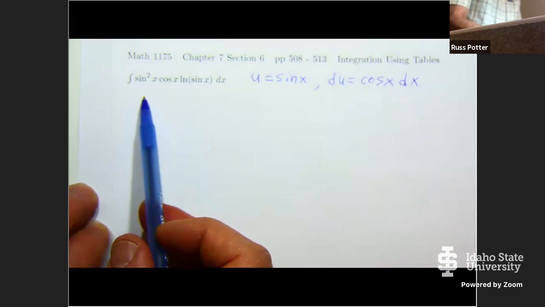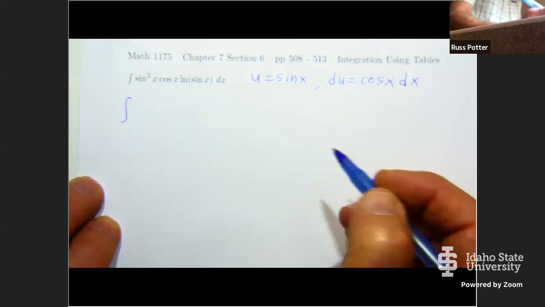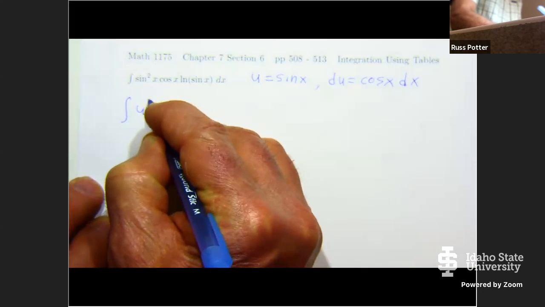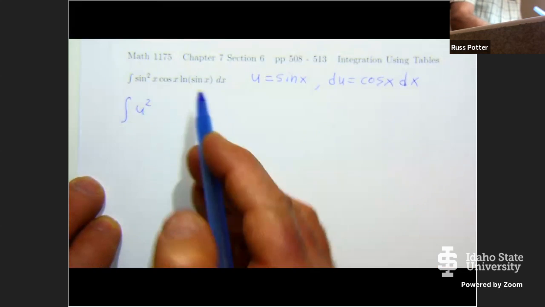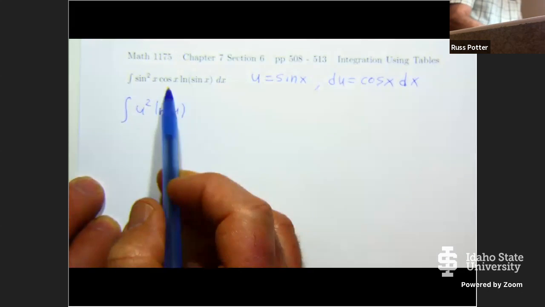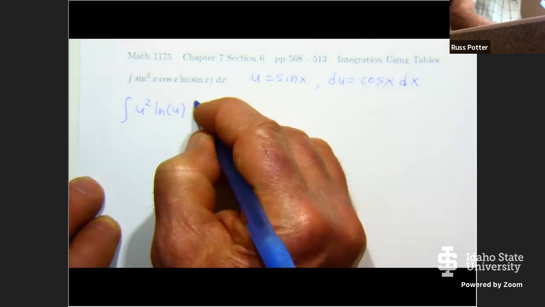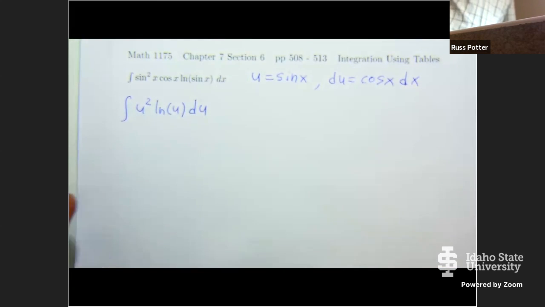So when we make substitutions, sine of x squared becomes u squared, and then times the natural log of u. And then cosine of x dx is du. Okay, then we consult the table of integrals.